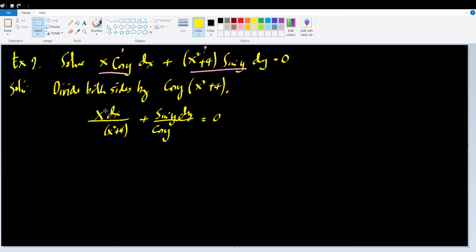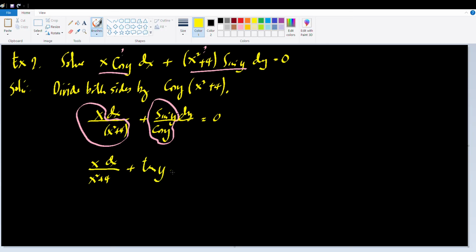So the coefficient of dx is a pure function of x. The coefficient of dy is a pure function of y. We proceed? No, not yet. We can simplify this. So x dx over x squared plus 4 plus, of course, sine y over cosine y, which is tangent y dy equal to 0.